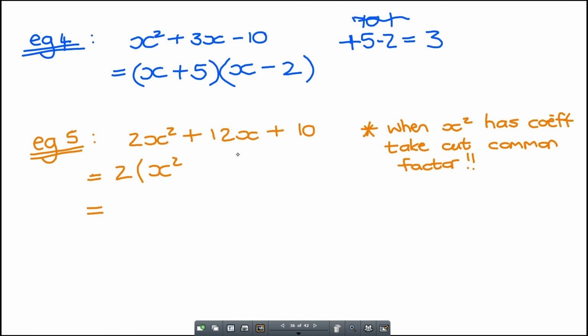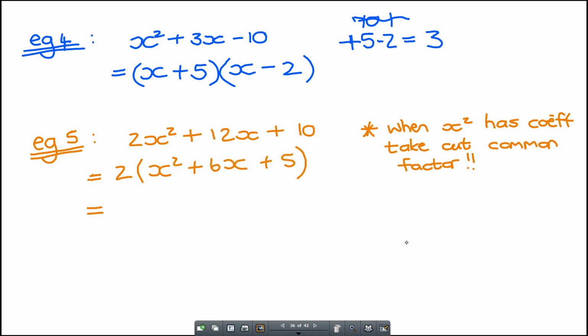In term 2, 12x, if I take out a common factor of 2, it will be 6x. Term 3, I had 10. If I take out a common factor of 2, I will have 5. Okay, right. So now we have our trinomial looking like we wanted to inside that bracket.